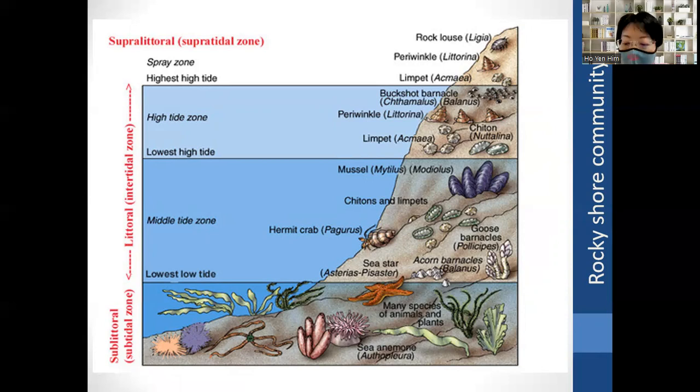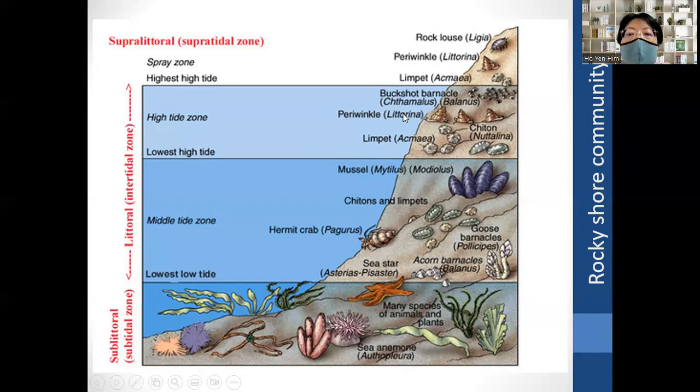Okay. So you can refer back to this picture when you come across the names of the organisms from the rocky shore later on. The more common ones are the limpets, barnacle. Limpets are like a shell that sticks onto the rock. Barnacle is also like a shell, but right in the center there is a hole.